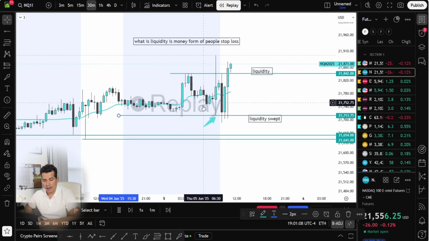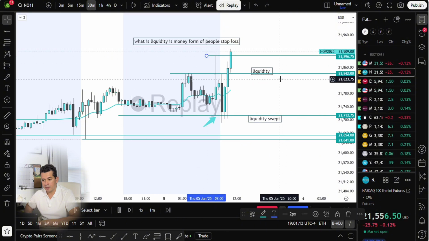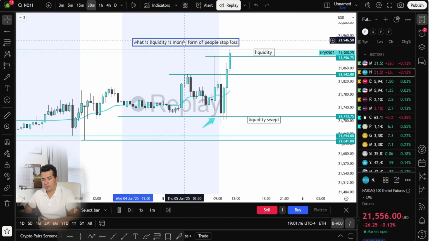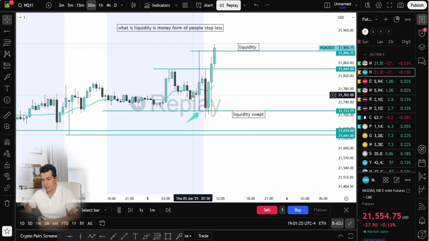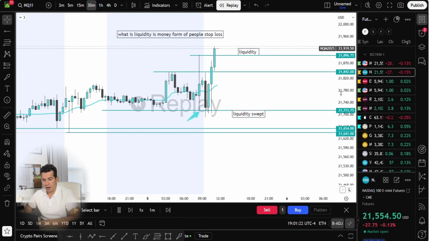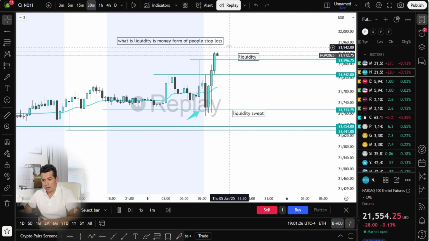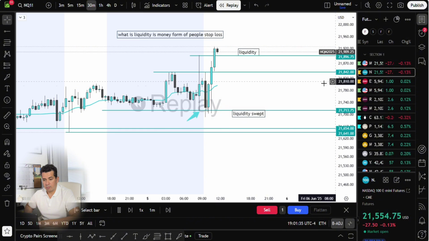So we have the other high over here, and what happens, the other liquidity, it just takes them out. Let's move this up. At this point, watching what the price tries to do. It looks like it wants to go up, right? But look, it took this high.